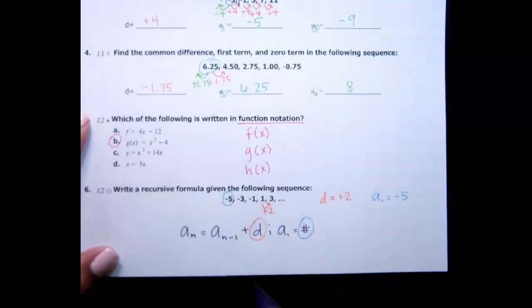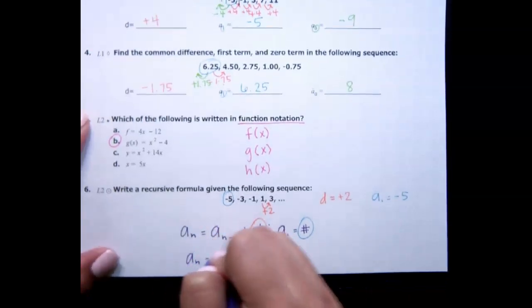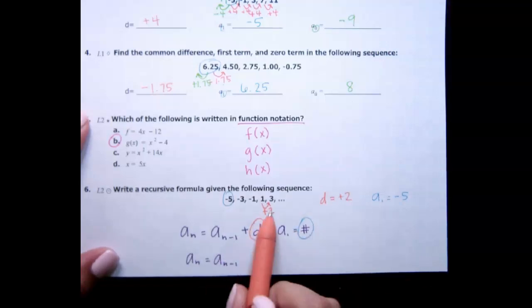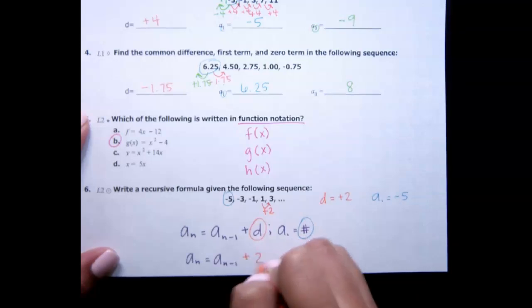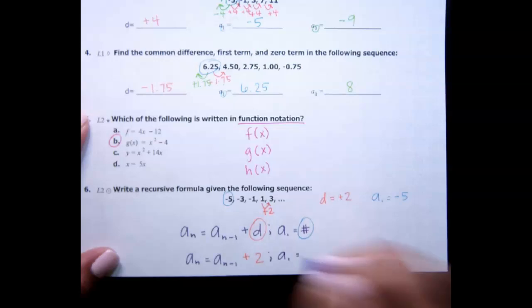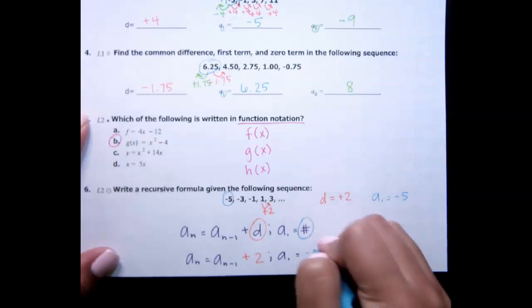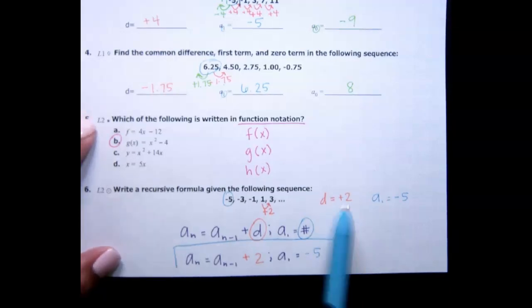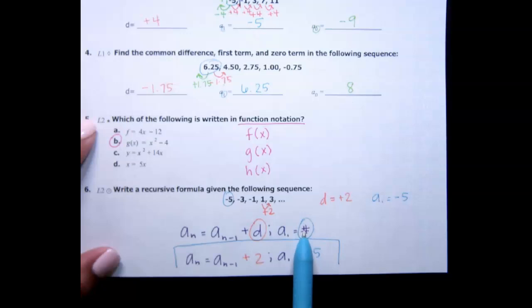So my final answer is a sub n equals a sub n minus 1 plus 2, and my first term is negative 5. That's my answer. All you need is to be able to identify the common difference in the pattern or the sequence, and then be able to identify the first term.